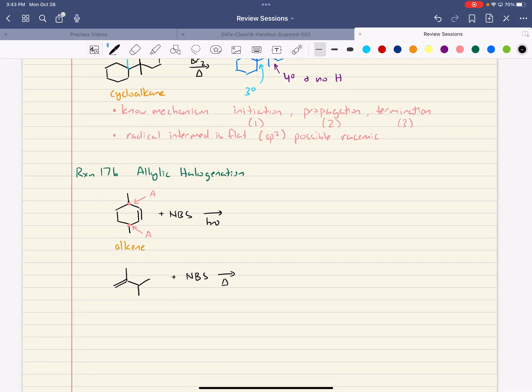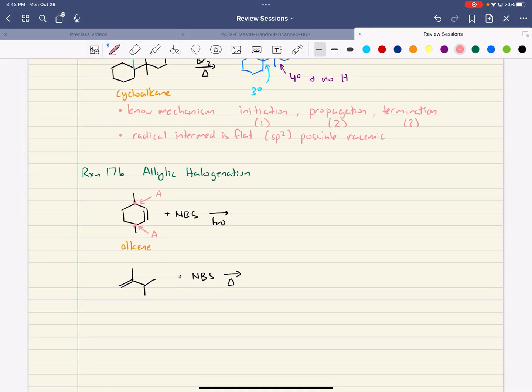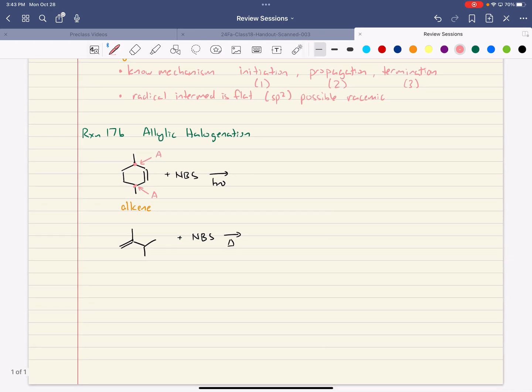So what are some notes before we look at the reaction? Do you need to know the mechanism? Not really. So let me write that down. Do not need to know the full mechanism. What do you need to know?